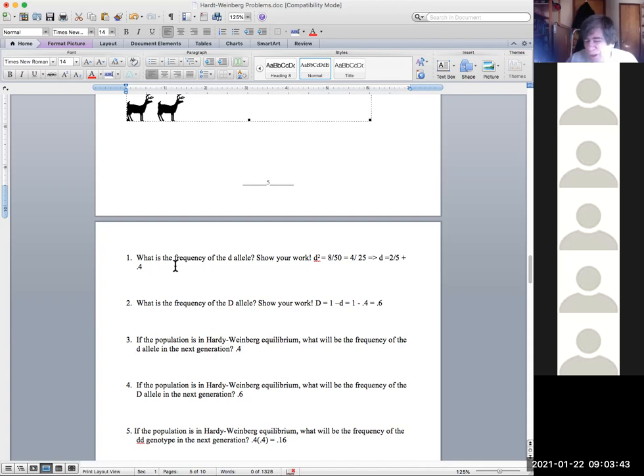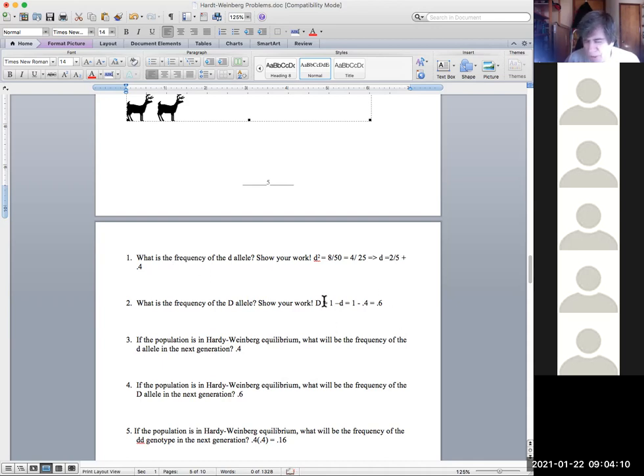Again, notice only 8 out of 50 deer show the recessive characteristic, but the frequency of the recessive allele is 0.4. So it's almost half of the alleles in the population. And again, this goes back to what we said. Why don't you see more light-colored deer? Because most of those recessive alleles are in heterozygotes, and the dominant allele is what's going to show up in a heterozygote.